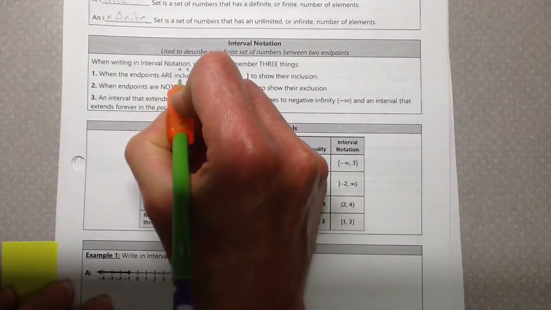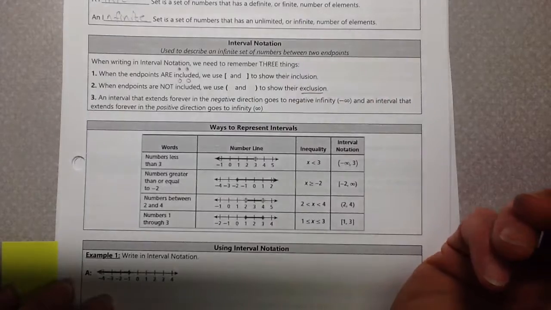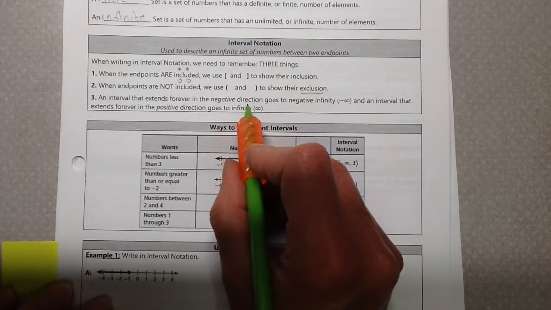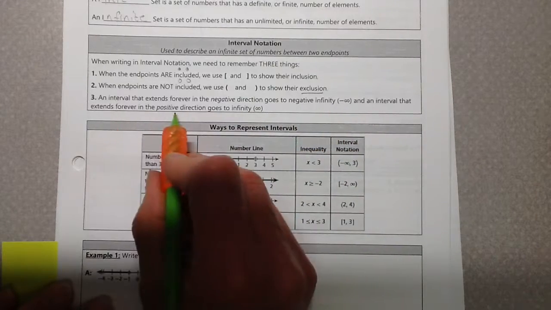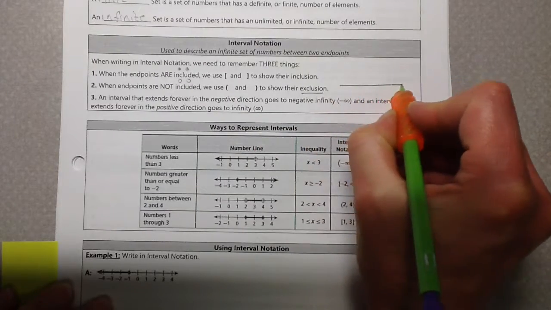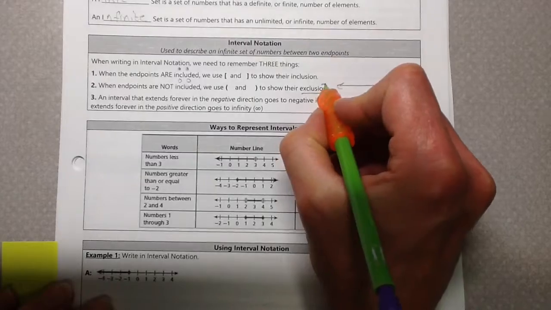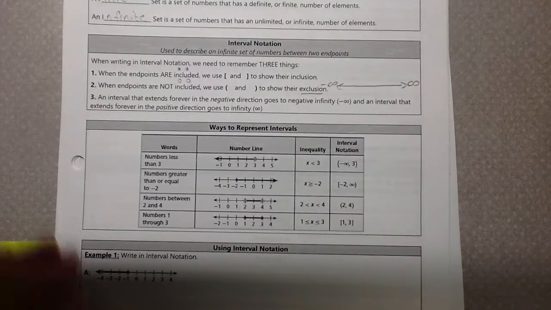So those would be open endpoints to show their exclusion. An interval that extends forever in the negative direction goes to negative infinity, and an interval that extends forever in the positive direction goes to positive infinity. So what I would like you to do, just draw a number line up here, and this would be positive infinity. This is negative infinity, just to kind of get you oriented where they are.